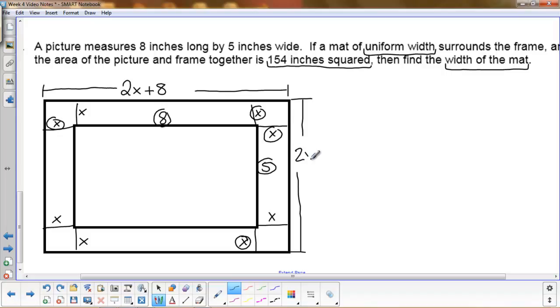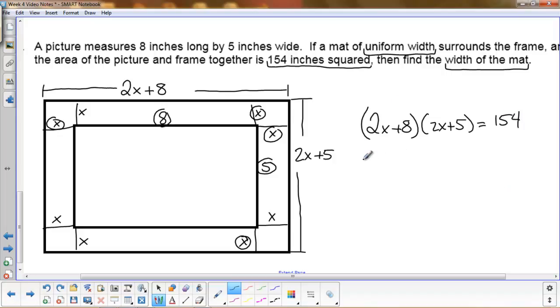So this one is 2x plus 5. And now you can see how quadratics plays the role here as we find our equation of the area, length times width. Using substitution, 2x plus 8 times 2x plus 5 equals 154.